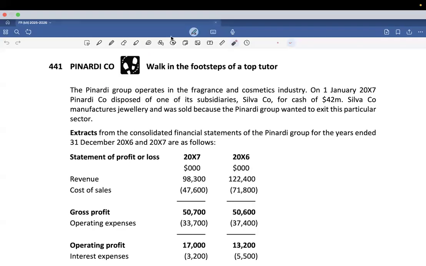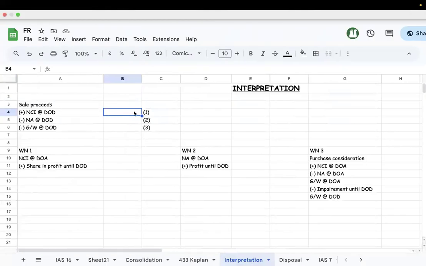Okay, let's see. Pinardi Group operates in the fragrance and cosmetics industry. On 1st January 2007, Pinardi disposed of one of its subsidiaries, Silva Company, for cash of 42 million. So we've already got that particular amount.